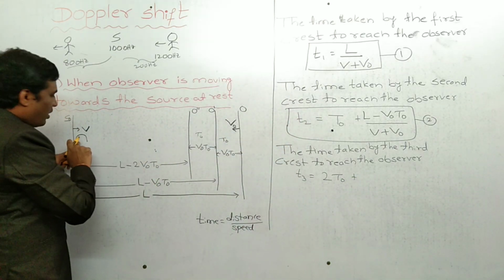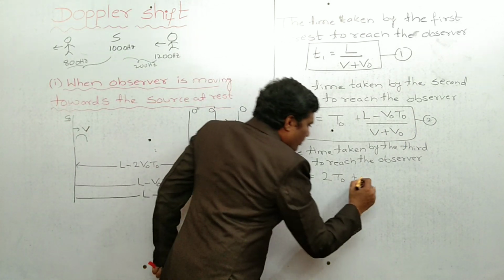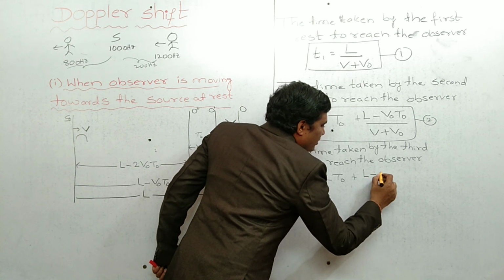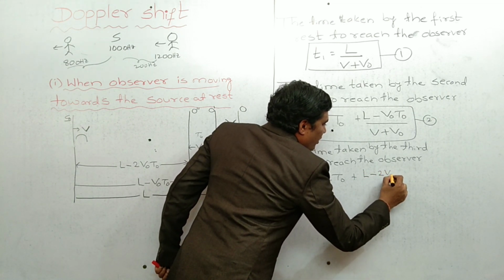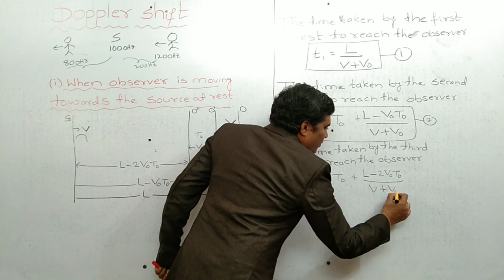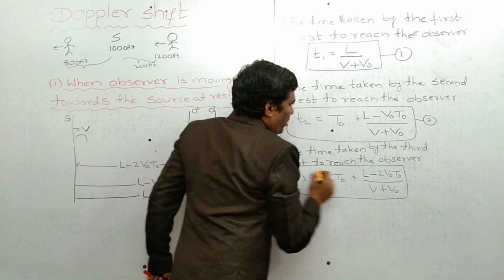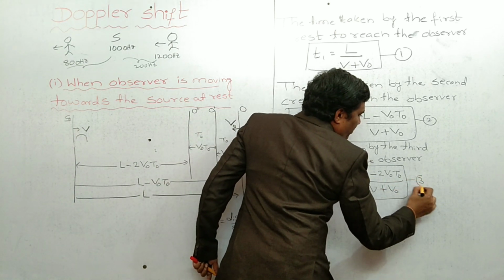The time taken by the third crest to reach the observer is distance by speed. So t3 equals 2 t naught plus (L minus 2 v naught t naught) by (v plus v naught). Let it be equation number 3.